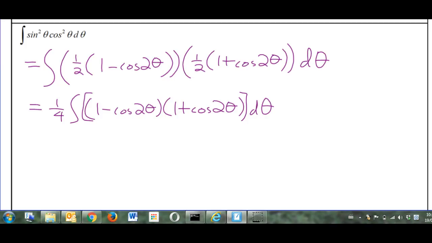Okay, so now we just get to multiply that out, right? So we get what? 1/4 integral, so we got 1, plus 2 minus is gone, right? Minus cos squared 2 theta, d theta.